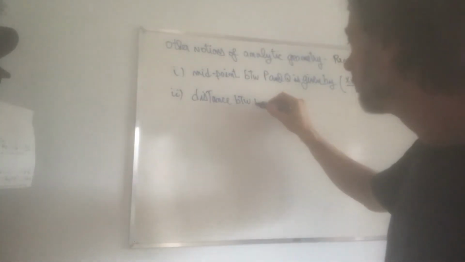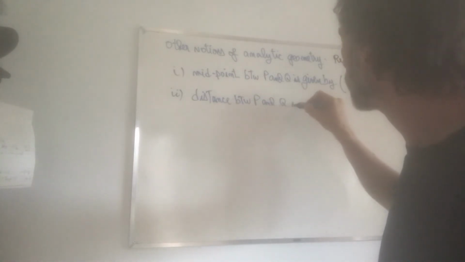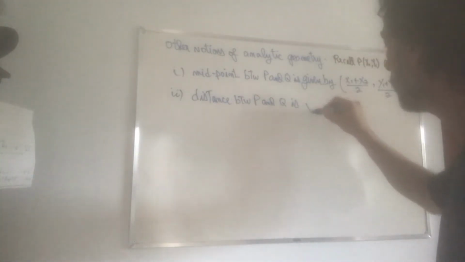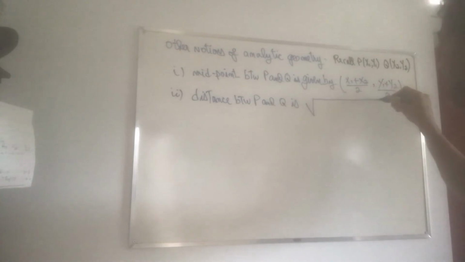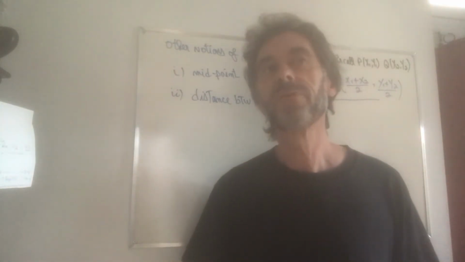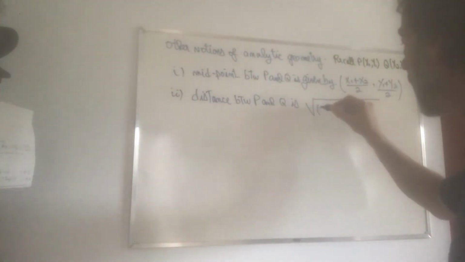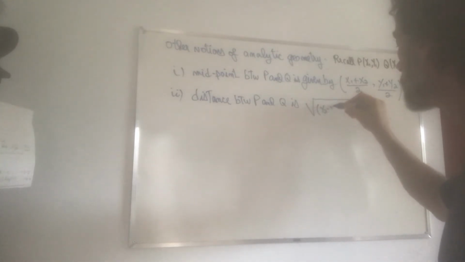The distance between P and Q is given by, you may remember this formula. It is derived from the Pythagorean result, from Pythagoras' theorem. And it goes like this: y2 minus y1 this time.